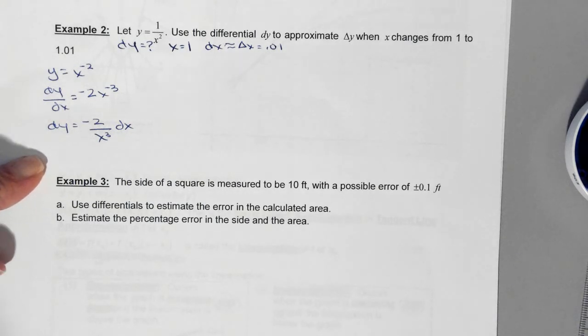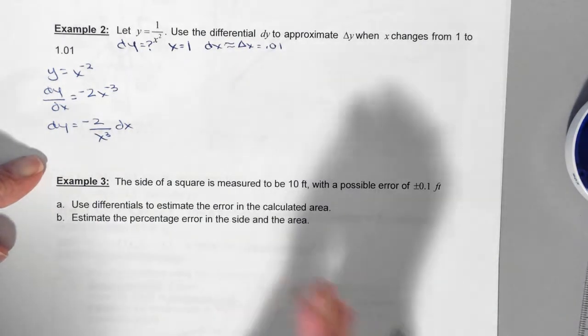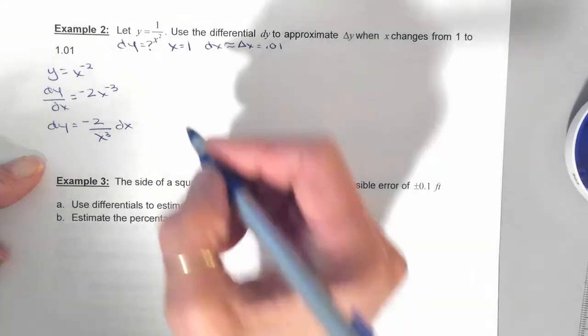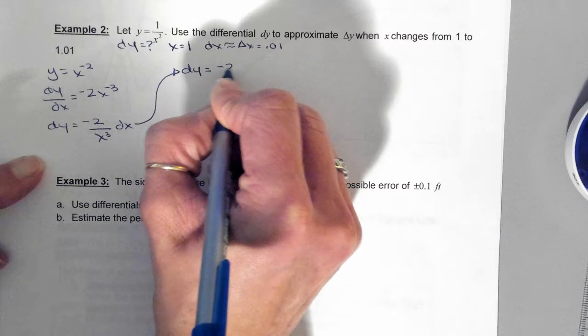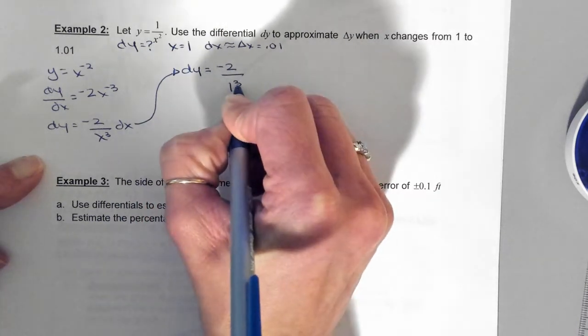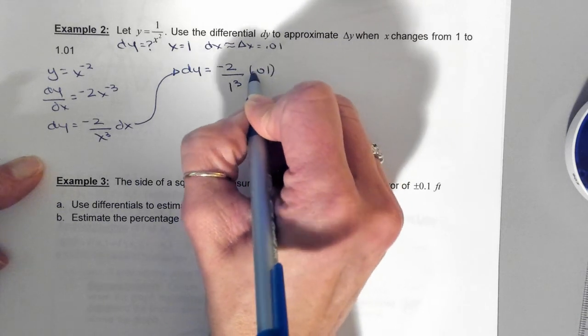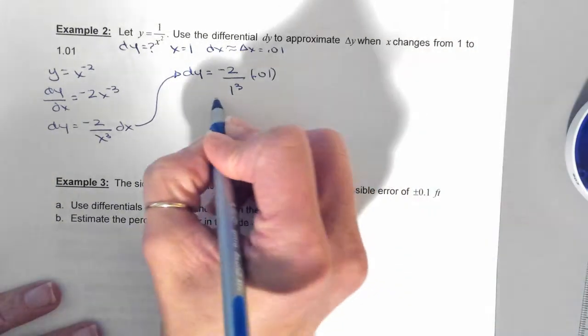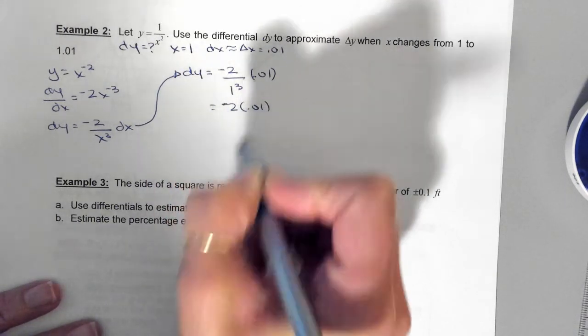If they want us to approximate the change in y by using dy to represent that, do I have everything I need to plug into the right side? Do we have our x and do we have our dx? We do. So up here, we've got dy equal to negative 2 over 1 cubed times 0.01. So this is negative 2 times 0.01.